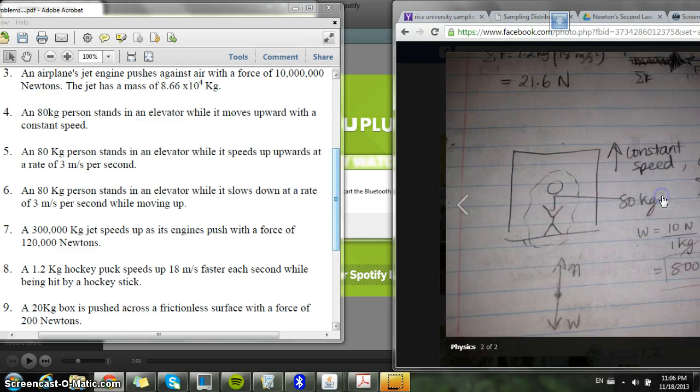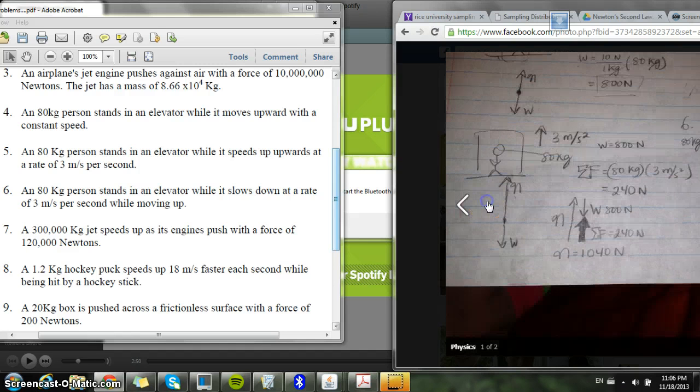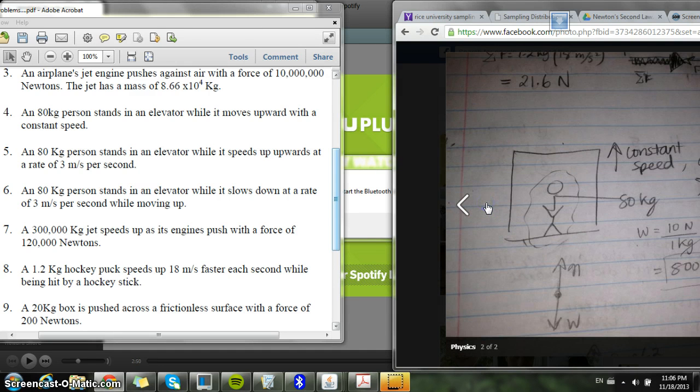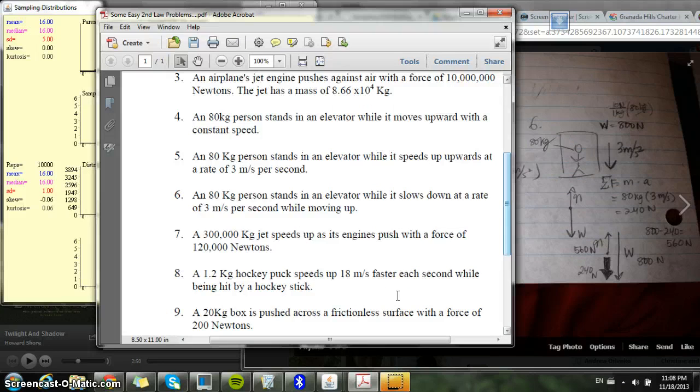Okay, next problem. An 80-kilogram person standing in an elevator while it slows down. Okay, so now it's basically the same problem as before, except now our acceleration is in the opposite direction.